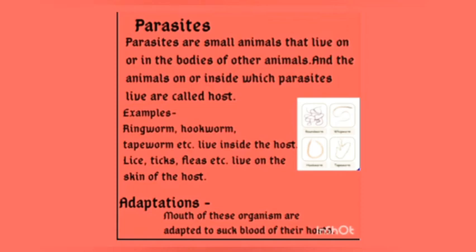Here these ticks and fleas are parasites, whereas dog, cow, etc. are the host. Let us see what adaptations they show. Students, the mouths of these organisms are adapted to suck blood of their host.